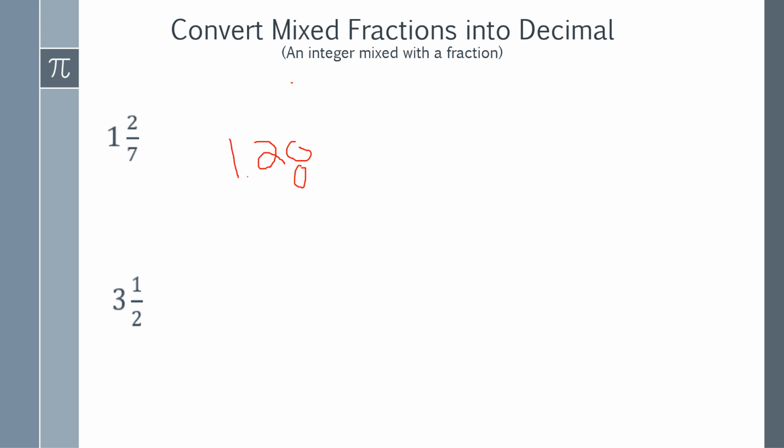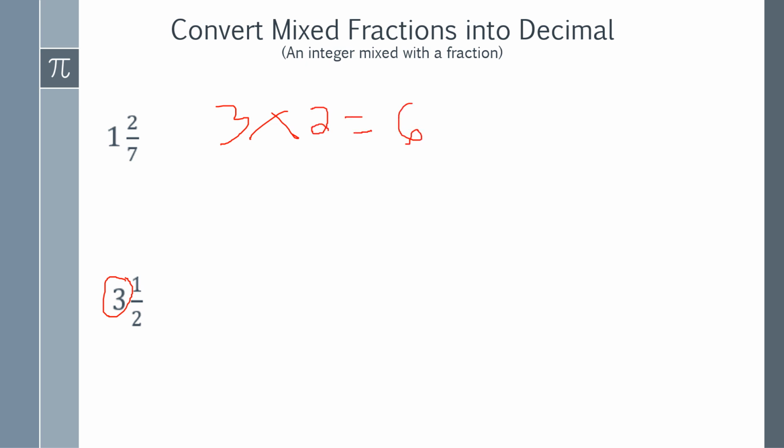All right, for our next example, we are going to first convert this mixed fraction into an improper fraction. And as we did in our previous example, first thing we do is we multiply our whole number times the denominator. So 3 times 2, that equals 6.